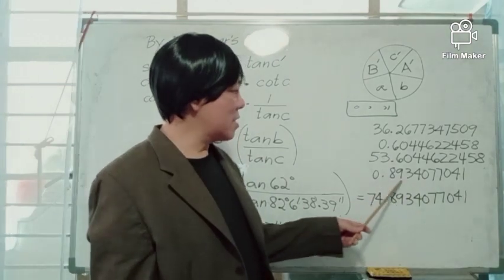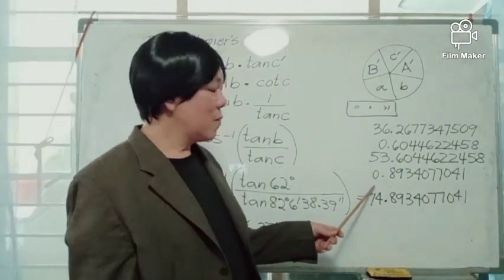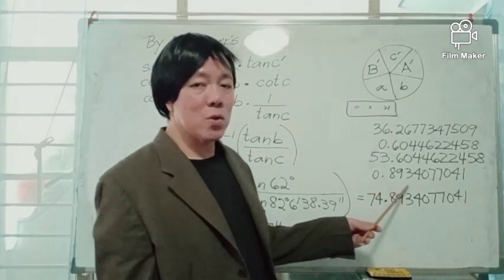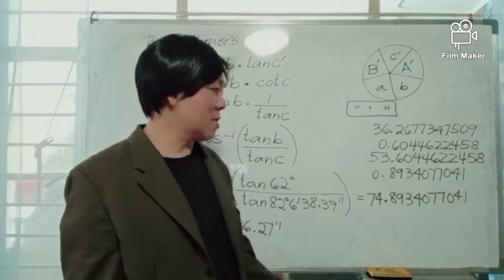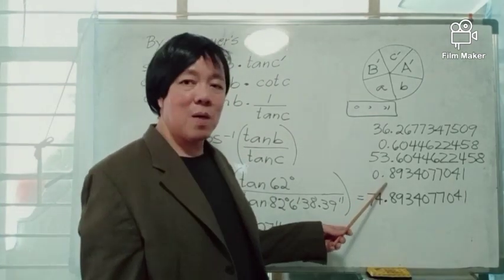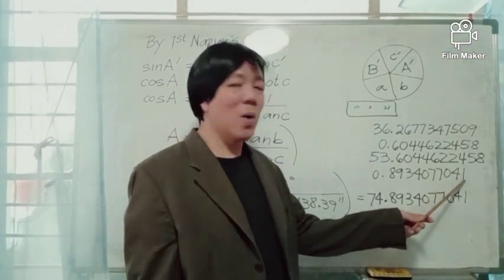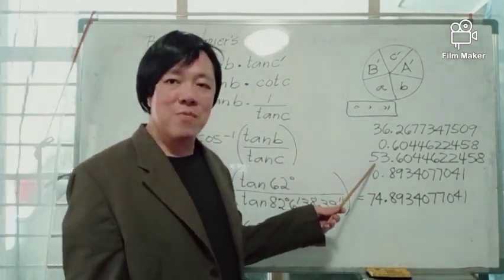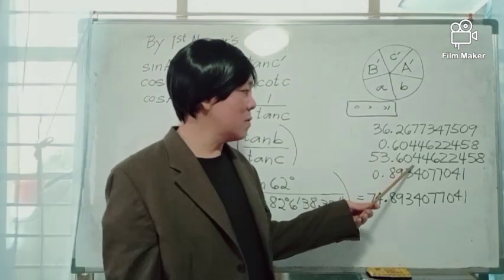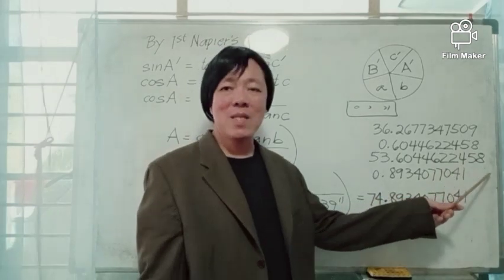And multiply this decimal number by 60 because this is in degrees, we want to convert this to minutes. And 1 degree equals 60 minutes. Hence, we multiply 0.89340.77041 by 60 minutes. You should get 53.60446.22458 minutes.